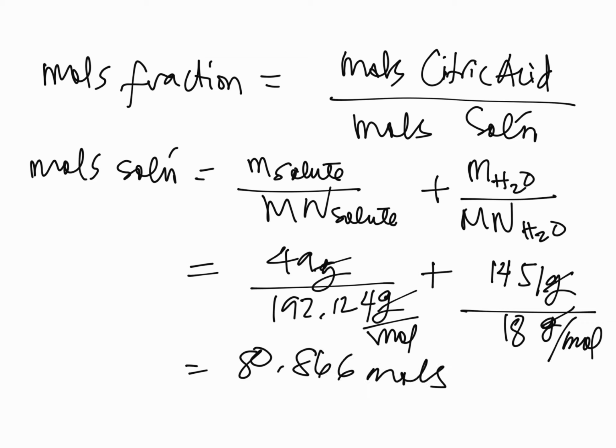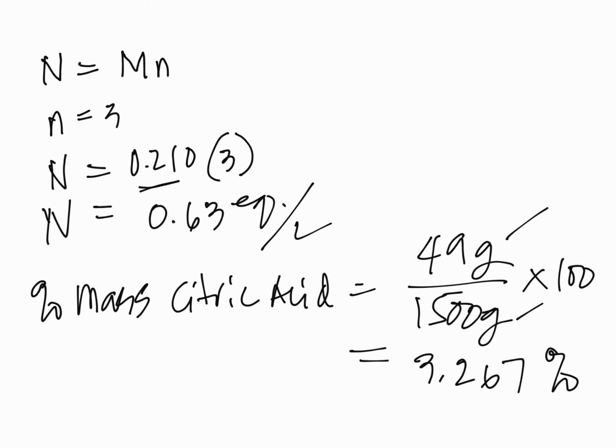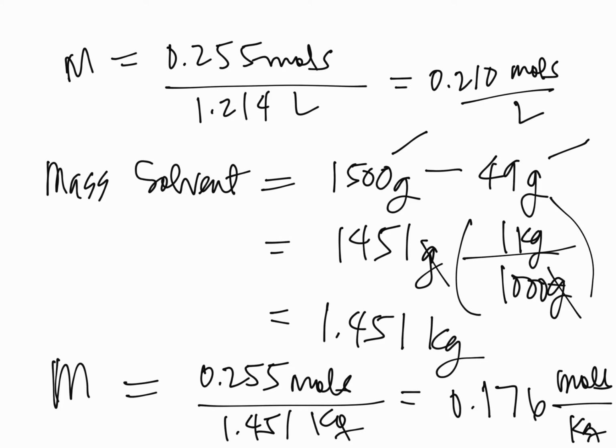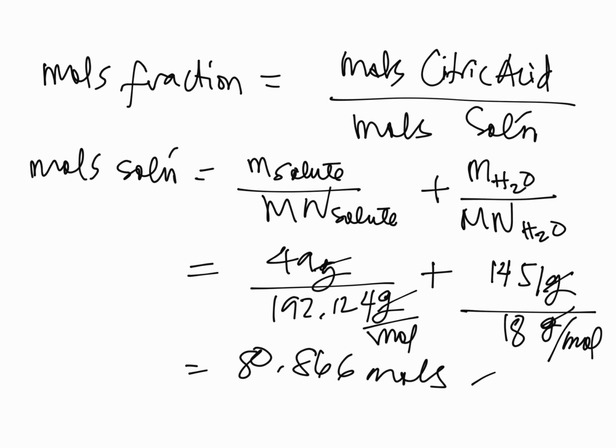Okay, so for the mole fraction, you get the moles of the solution. The moles of the citric acid is, where is it? This one, 0.255. So 0.255 divided by 80.866.